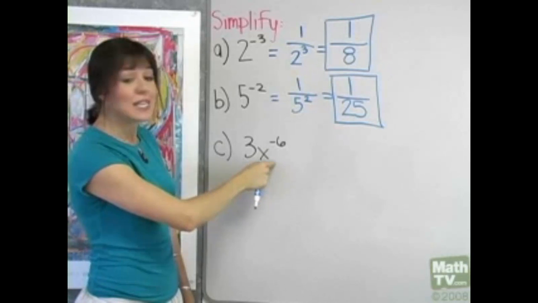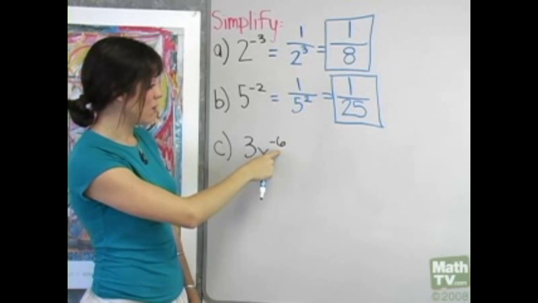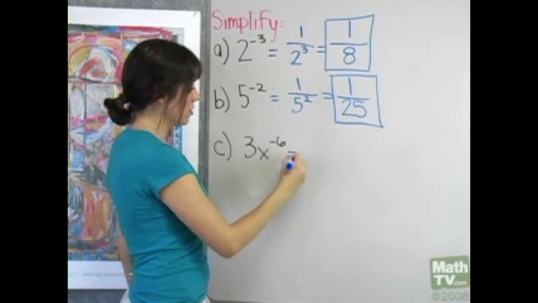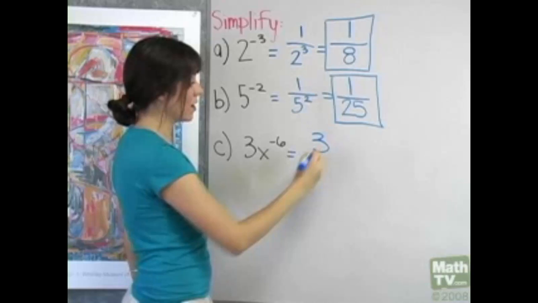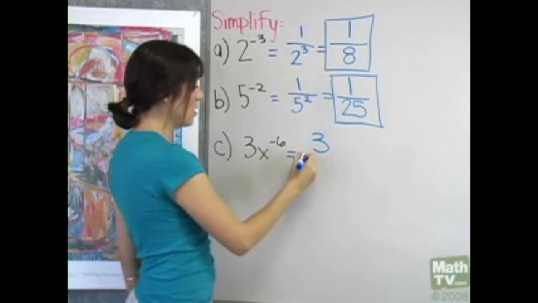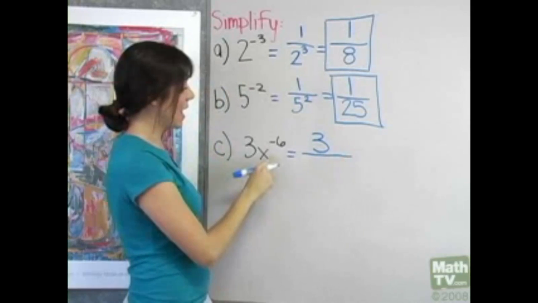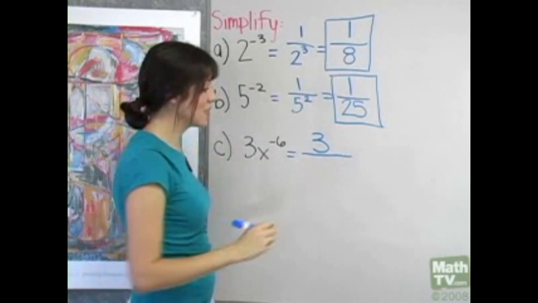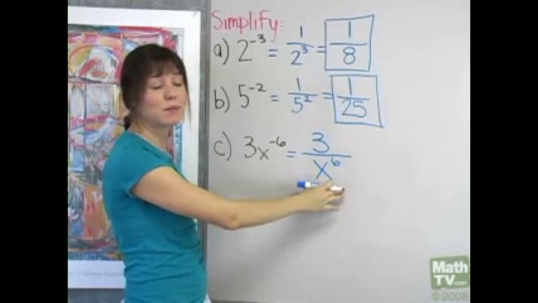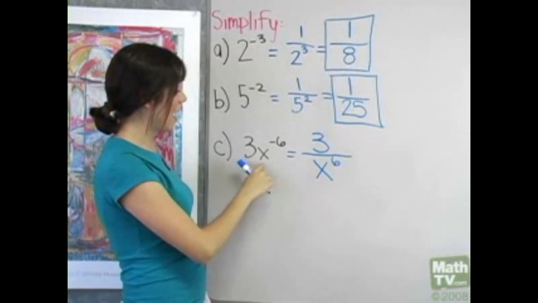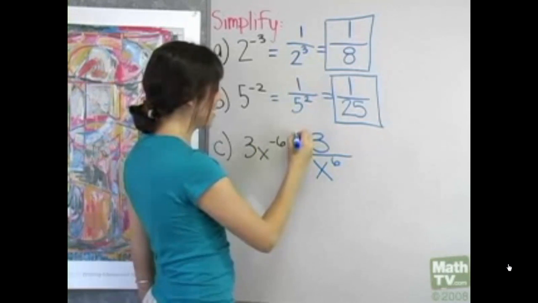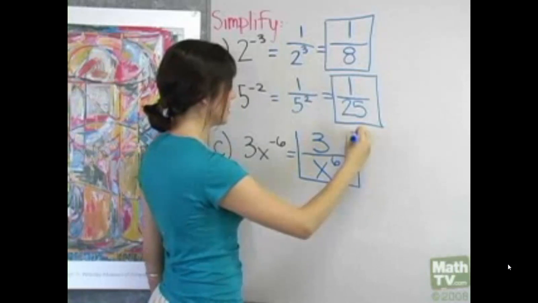So notice that just x has the negative exponent. So 3 is going to be in the numerator still, since 3 is not raised to a negative exponent. And this x to the negative 6 becomes x to the positive 6 in the denominator. So 3x to the negative 6 is equivalent to 3 divided by x raised to 6.